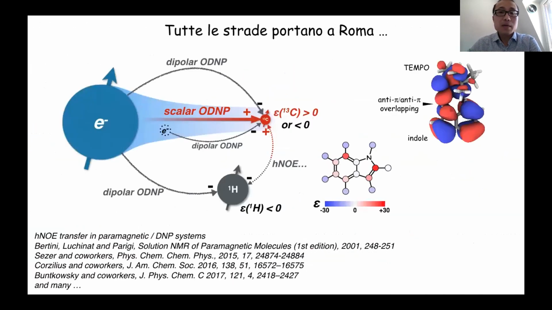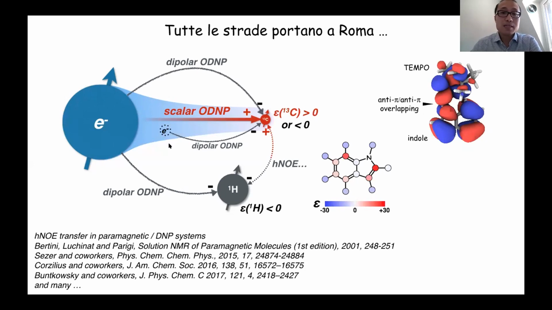But the experimentally observed DNP enhancement actually comes from many other contributions as well. We talked mainly about the scalar Overhauser DNP, but we also have experimental evidence to show that at the same time there are different dipolar Overhauser DNP mechanisms. And in this particular chemically engaged complex, the classical point dipole approximation can not even hold.